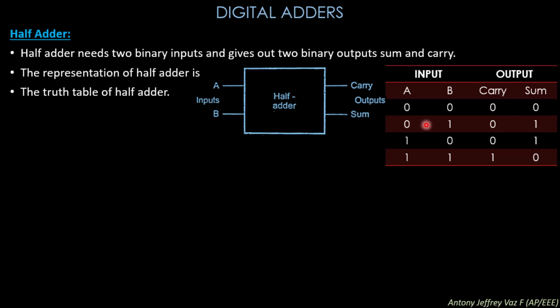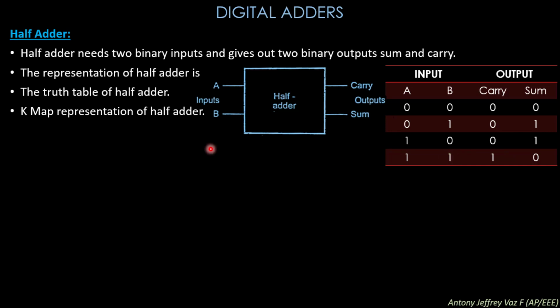Similarly when 0 and 1 are added, you have a sum of 1 and the carry is 0. Similarly if 1 and 0 are added, the carry is 0 and the sum is 1. If the two inputs 1 plus 1 are added, the carry is 1 and the sum is 0. So this is the basic half adder and this is its truth table.